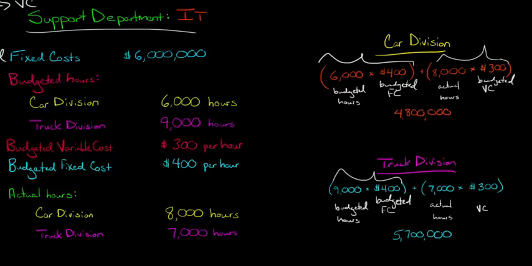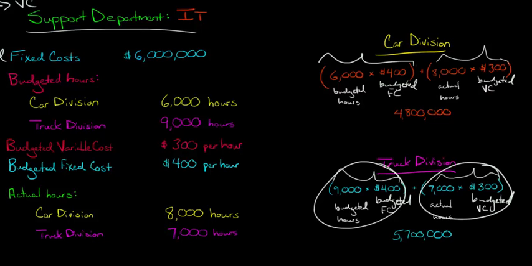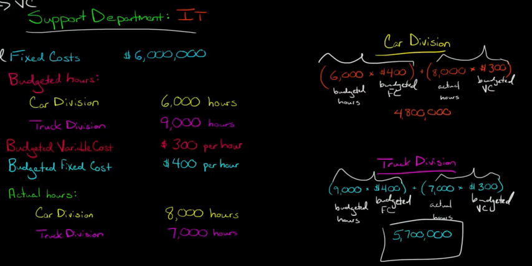Now we're going to add to that the actual hours times the budgeted variable cost, just like we did with the car division. Now that gives us the total cost of IT services allocated to the truck division of $5.7 million.